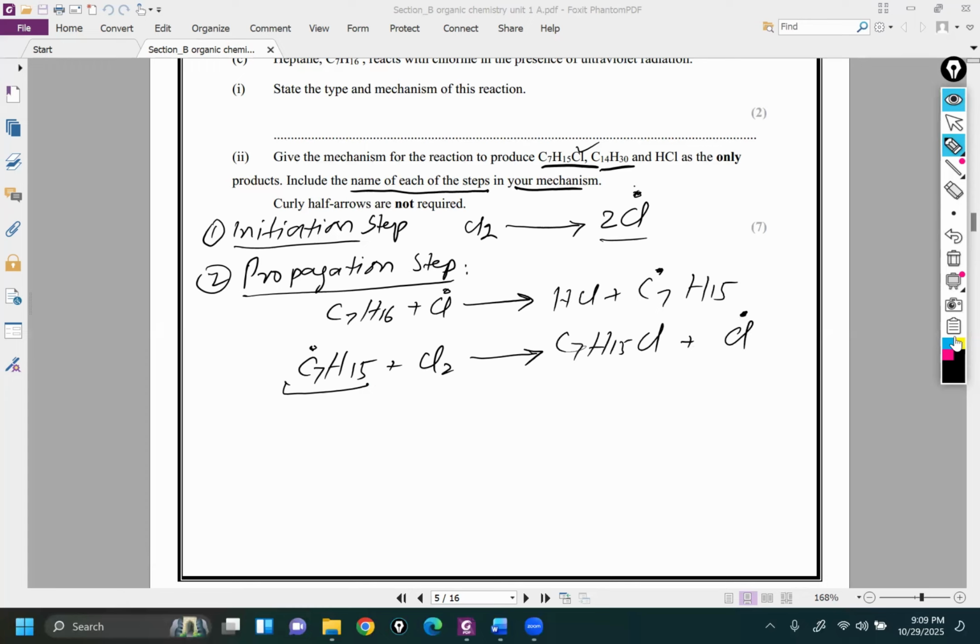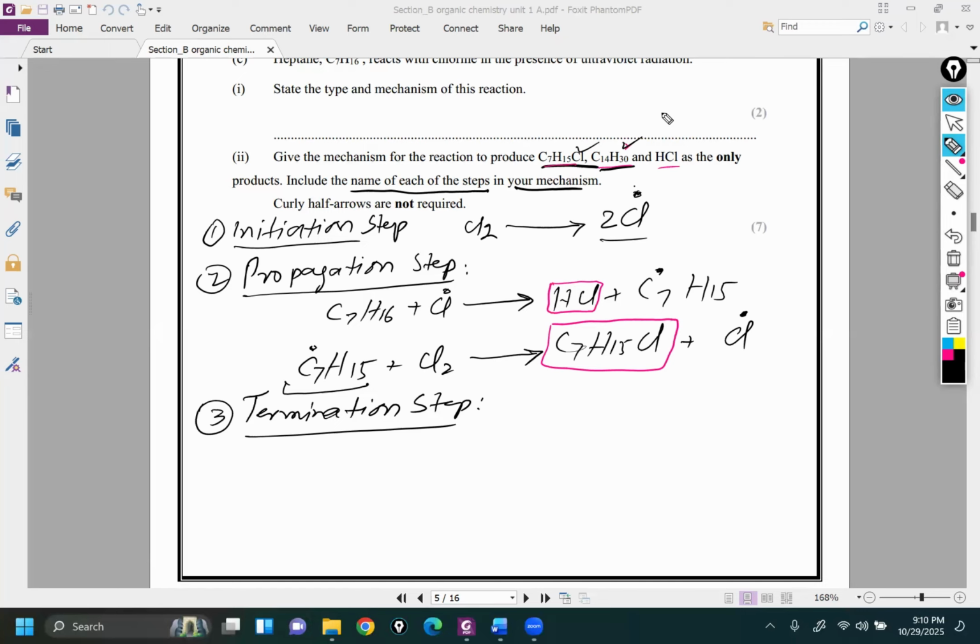So my dear students, if you look at that question, according to that condition, we get this product, and we get the HCl product also. Now we will just work on the last product, and that will happen in the third step, that is the termination step. In the termination step, a number of reactions take place, but we will only write the equation which will give us that product, and that is possible only when C7H15 free radical reacts with another C7H15 free radical, and we will get C14H30.